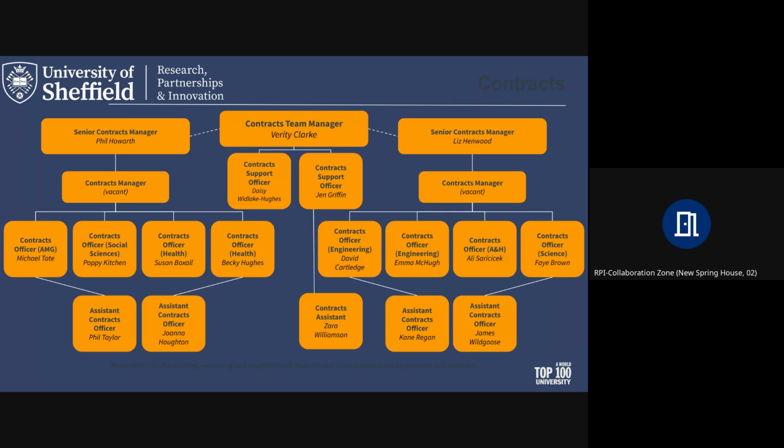I know that's very rare at the moment. But we are a bit squeezed at the top because Phil and Liz are doing their old job and absorbing all of the work of their predecessors, so they're feeling a bit under the cosh at the moment. That will resolve itself. We are also going to be losing some of the people along the bottom of this screen who are on fixed term contracts in the new year. But we will survive.